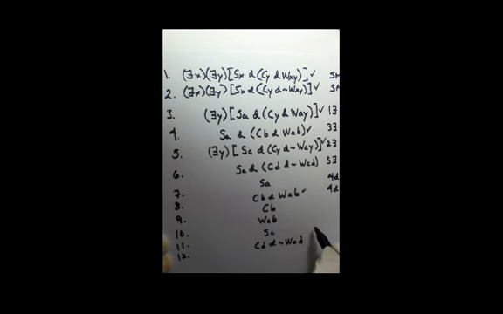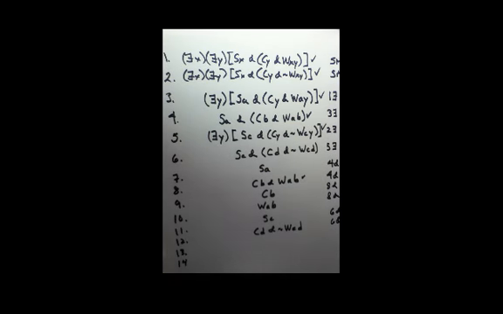These last two lines, 11 and 12, come from 6 by conjunction decomposition. Lines 9 and 10, by the way, came of course from 8 by conjunction decomposition. And then finally, lines 13 and 14 are going to be Cd and not Wcd. And those are going to come from 12 by conjunction decomposition.